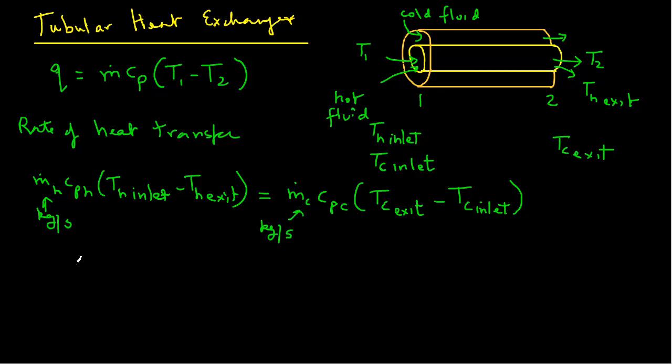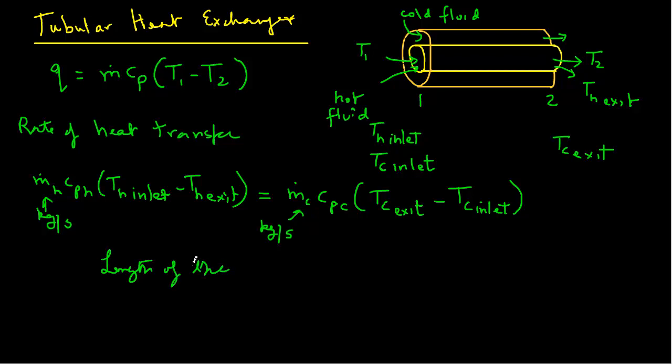Now this heat balance is useful if we want to find out what is the flow rate of a given fluid, either the hot fluid or the cold fluid. But it really does not give us any information of the heat exchange taking place between the hot fluid and the cold fluid in terms of the length of the pipe.